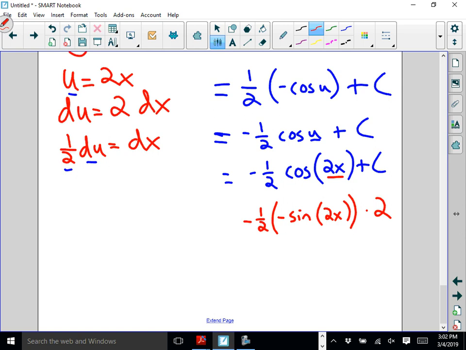Right, that's my derivative. Plus c goes away. Well, what's 2 times negative half times negative 1? Well, 2 times a half is 1. We have a negative times a negative, that makes a positive 1. So we're just left with sine of 2x, which is exactly what we started with here.